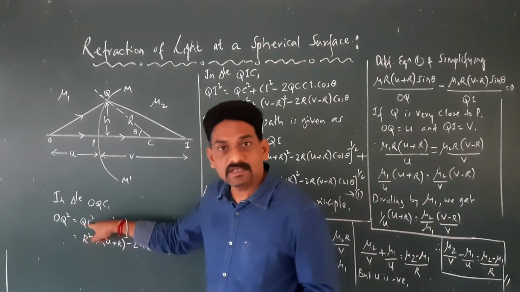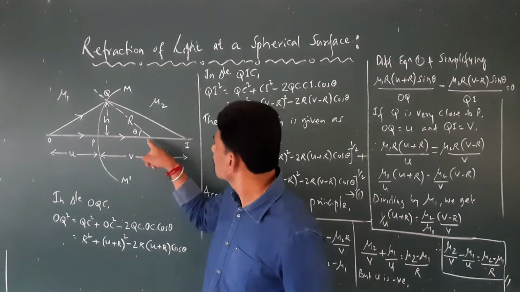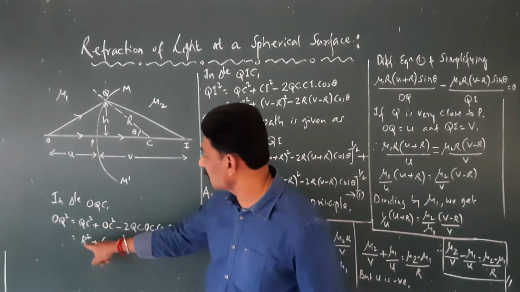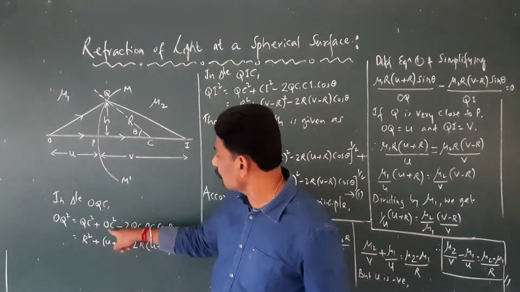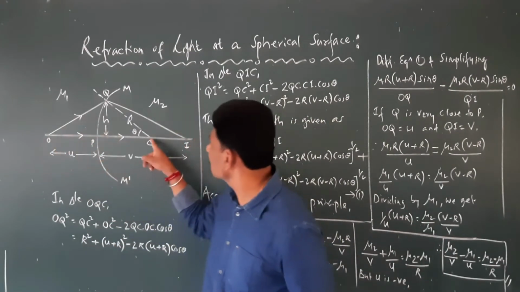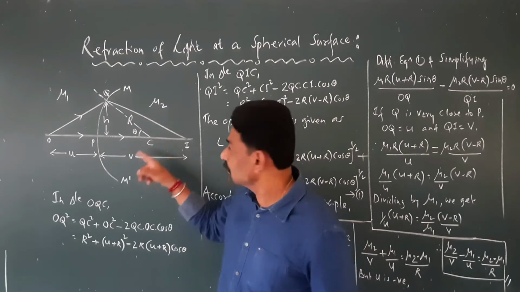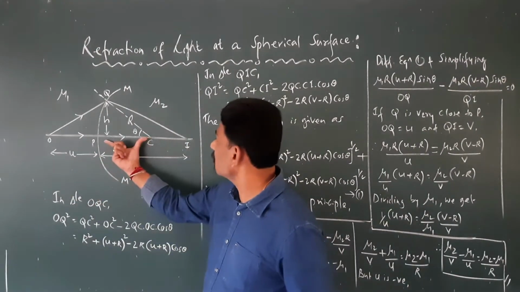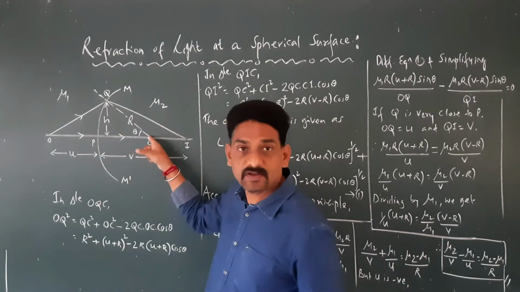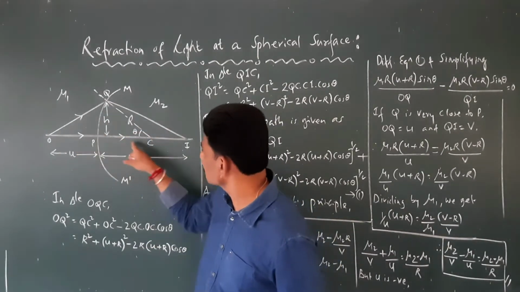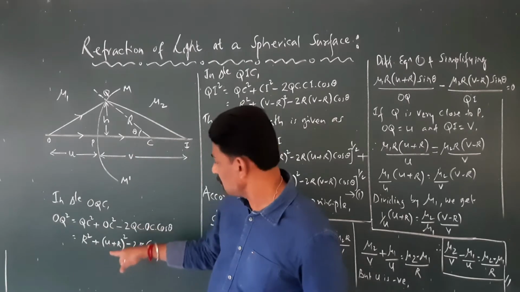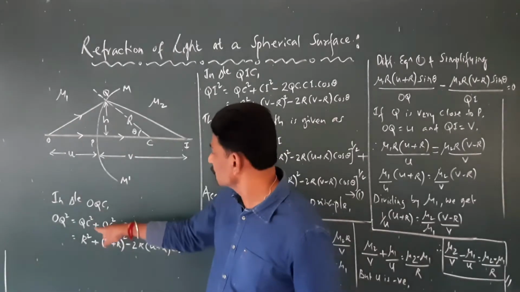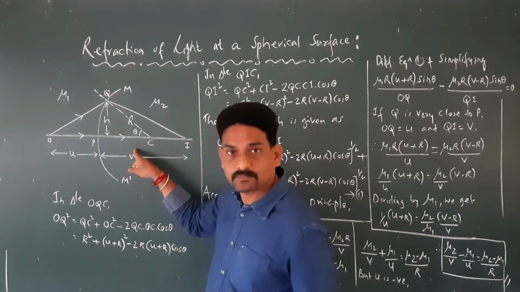But what is QC here? QC is R, the radius of curvature. So it is replaced by R square. What is OC? This distance is U, and this distance is R, the radius of curvature. So OC is going to be U plus R, and U plus R will get squared.